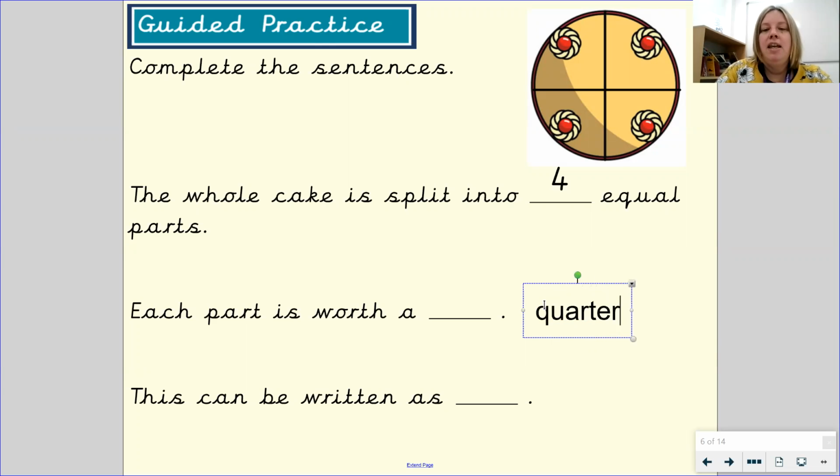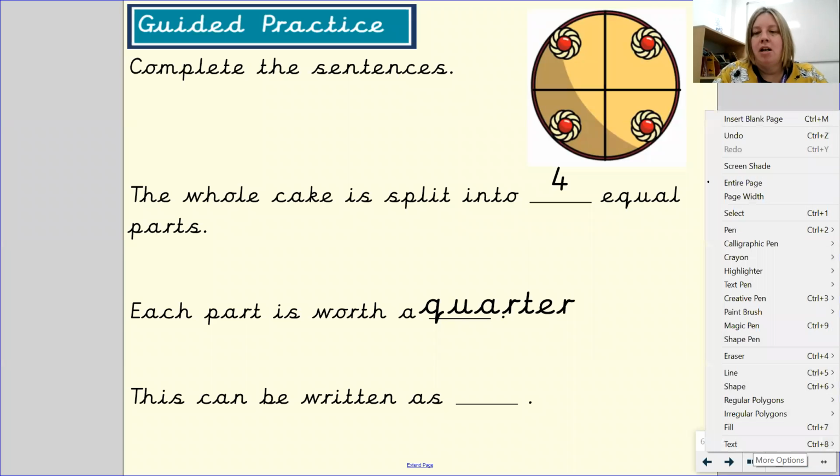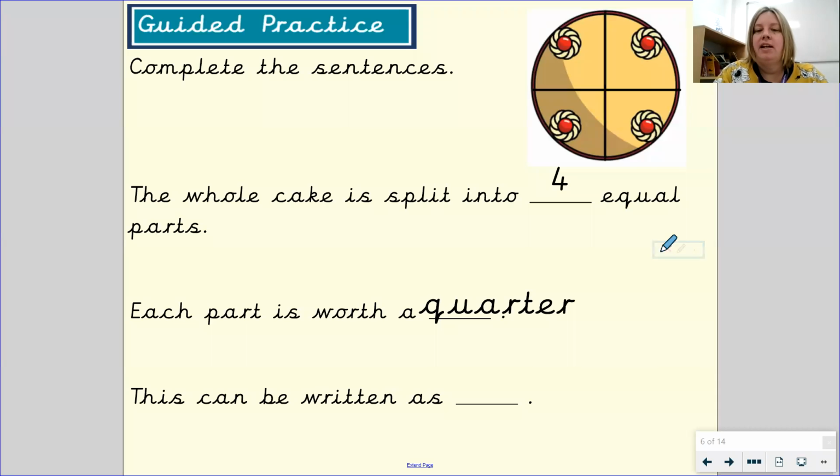It's really important that when you write a mathematical word, you think about your spelling. We can also write this as a fraction. So we can write 1 quarter. Let's have a look at how we would write that.